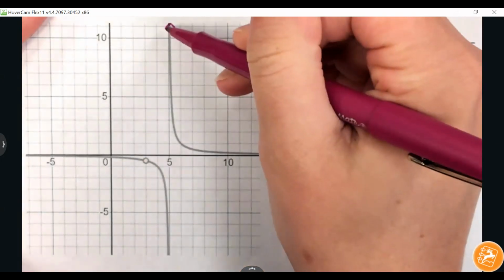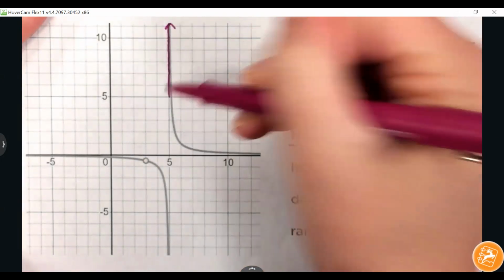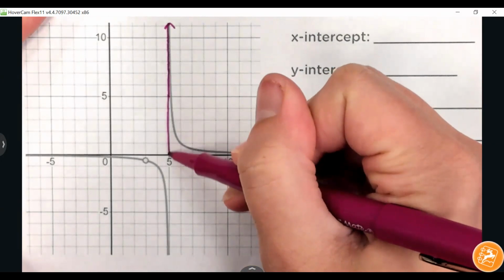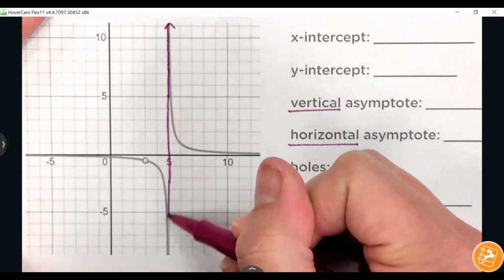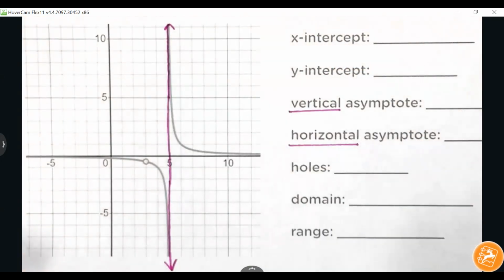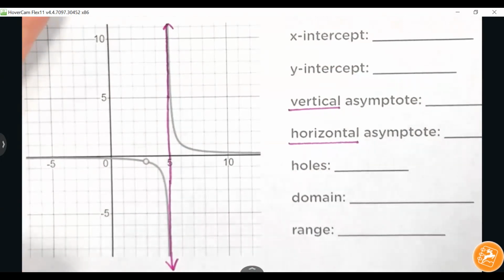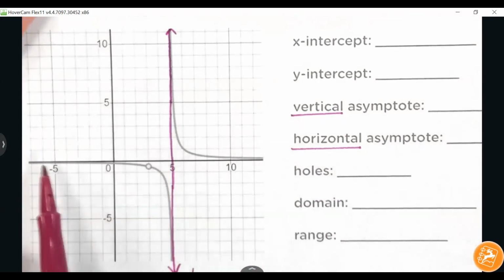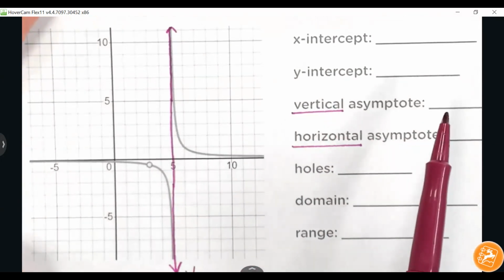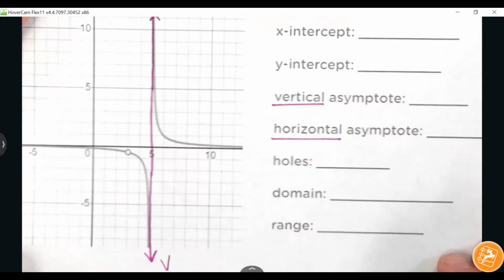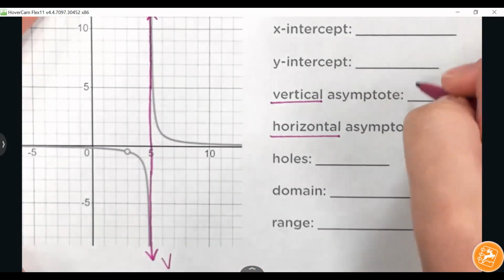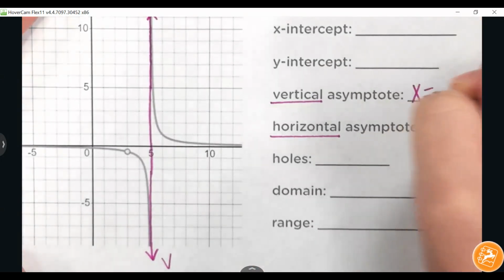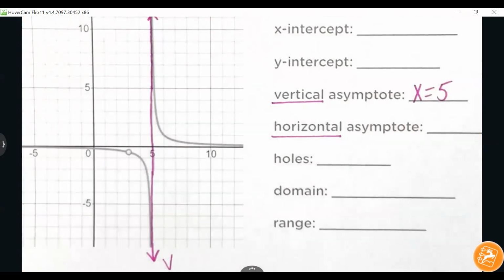Does everybody see this? It looks like my graph is touching, but if I keep drawing it, it doesn't really touch it. Is that vertical or horizontal? That is vertical. So how would I write my vertical asymptote? Is it cutting the x-axis or the y-axis? X equals what number? 5, okay?